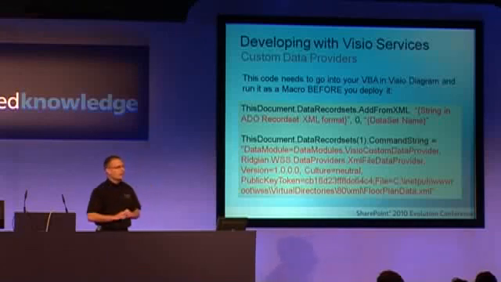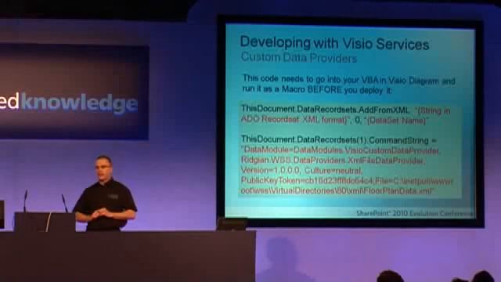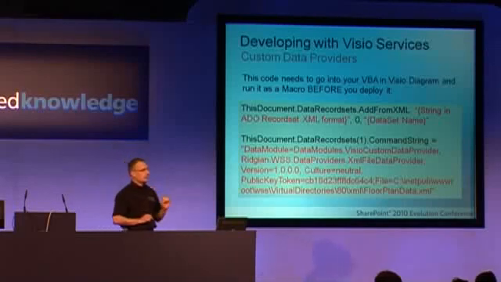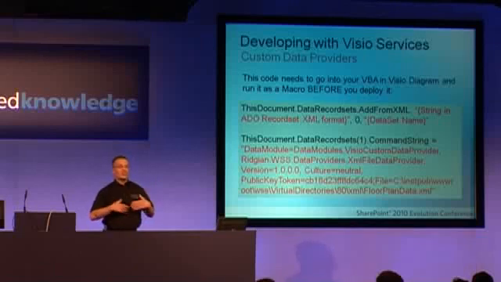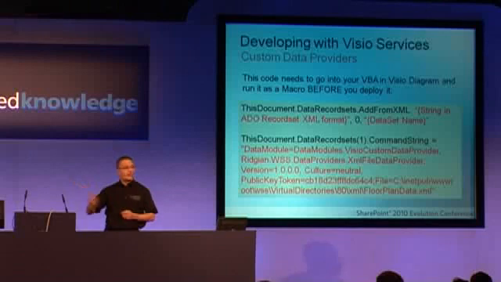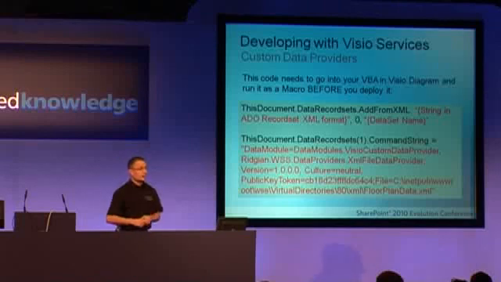Now, the example I've done is a very simple one. As I say, I pinched it from the guys in Vegas, and all it does is get a file name and read what's in the XML file. So this command string is really like a connection string. You know, you have data source equals, initial catalog equals. That's what this is, okay? This is basically telling it where to get its data from and how to go and get it.